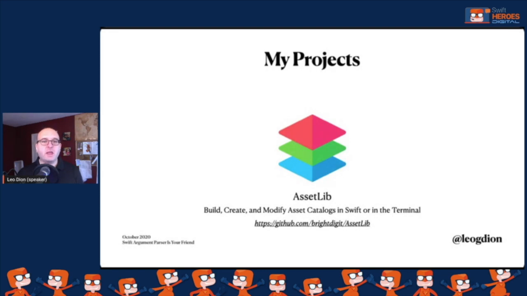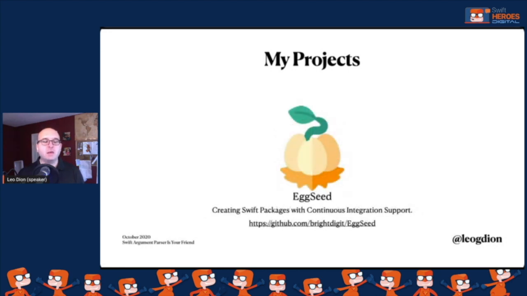And there's a command line tool for this. So if you want to create an app catalog really quickly, you can take a look at AcidLib that uses Swift argument parser as well. I have a tool on GitHub as well for setting up a Swift package with continuous integration called Eggseed that uses Swift argument parser and also has a lot of complex PromiseKit code in there. If you want to take a look at how I manage that, take a look at Eggseed.